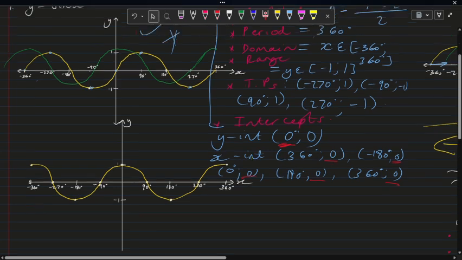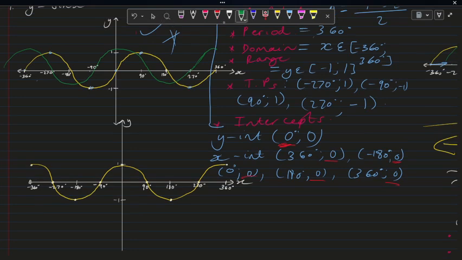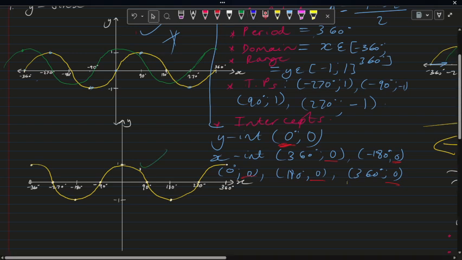We see something that is pretty exciting: if you pay careful attention to the green graph, we can see that it looks like this graph. It has transformed into the cosine graph.